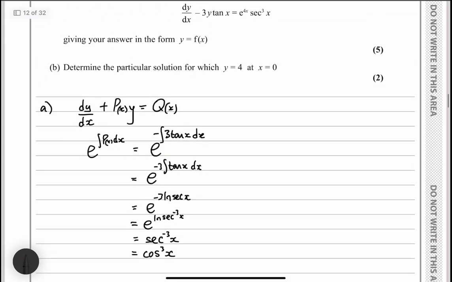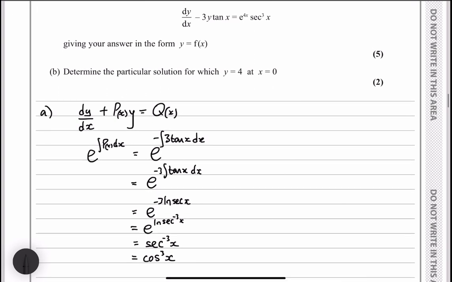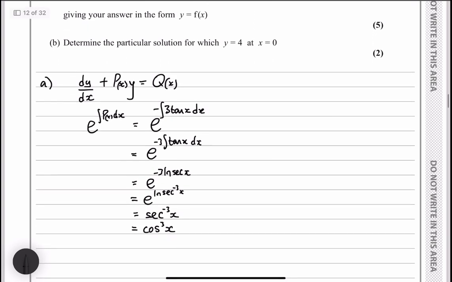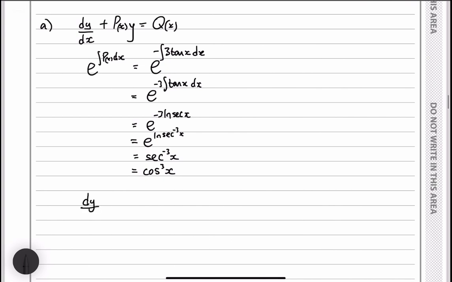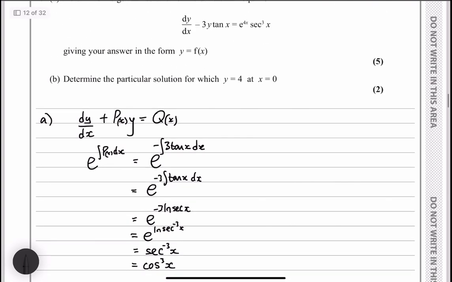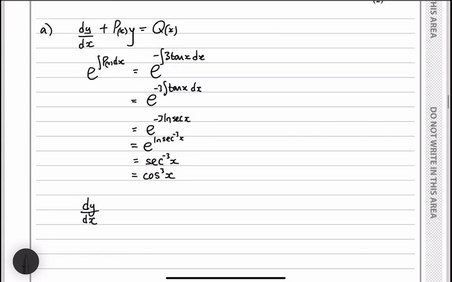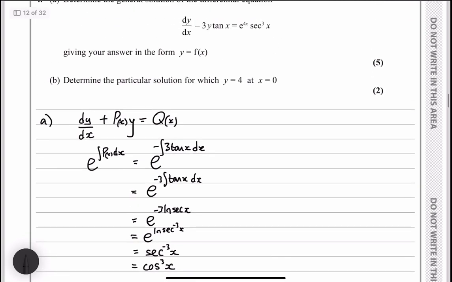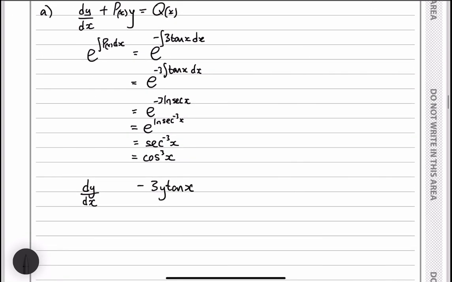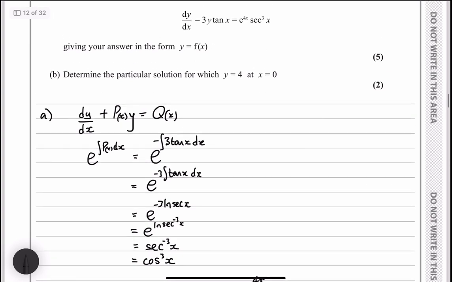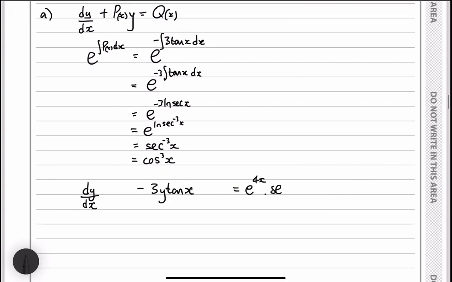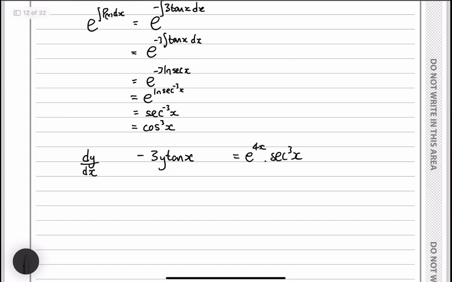So we've done all of that in order to get something to multiply our original equation by. So dy by dx minus 3y tan x is equal to e to the 4x, leaving space there for a reason, times secant cubed x, and the whole point of this was to multiply this equation by that integrating factor.